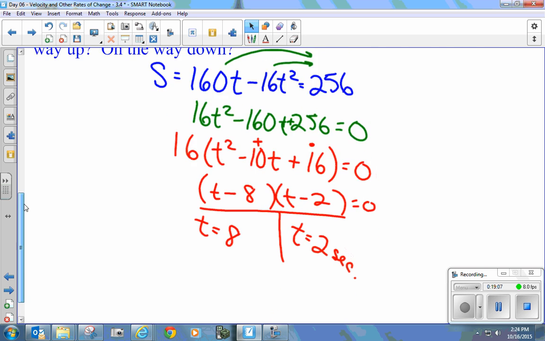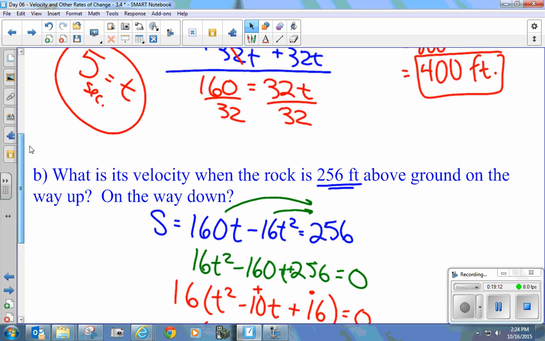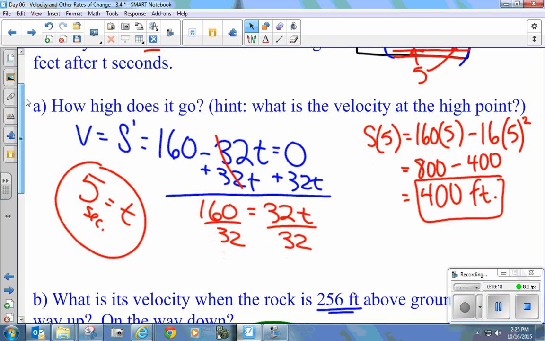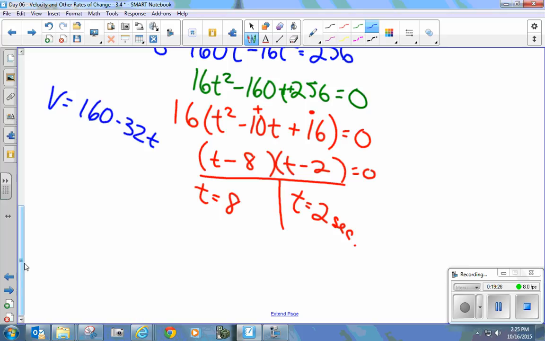Now, velocity. And this is where we'll end. Okay? What's my velocity equation again? Our velocity is 160 minus 32t, wasn't it? If my velocity is 160 minus 32t, well, I need to find the velocity at 8 seconds and the velocity at 2 seconds.